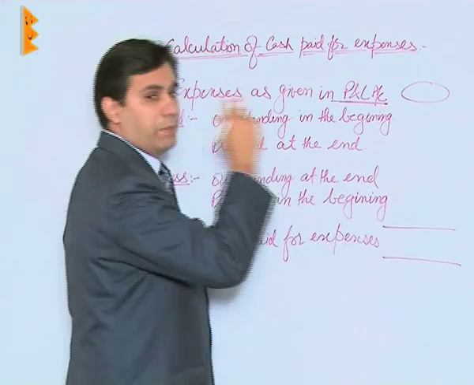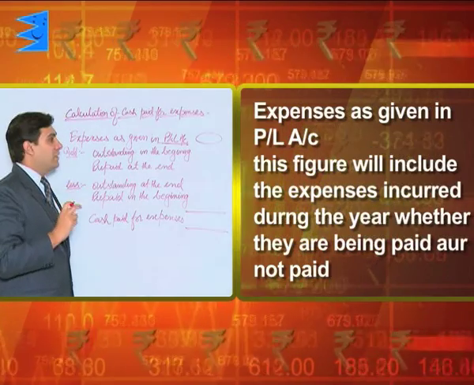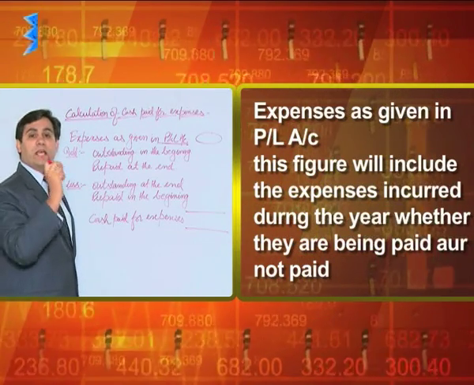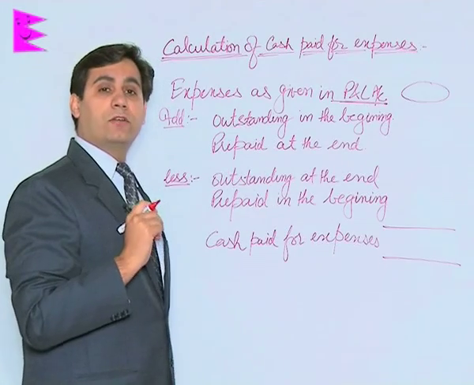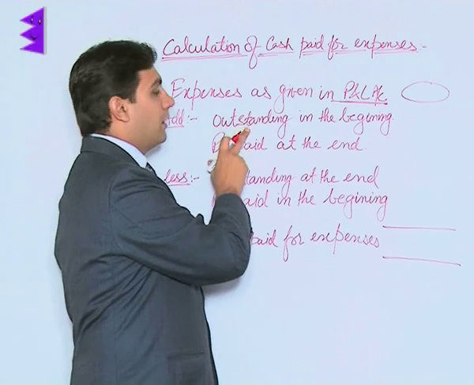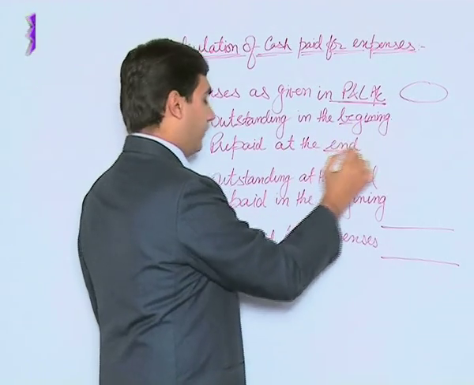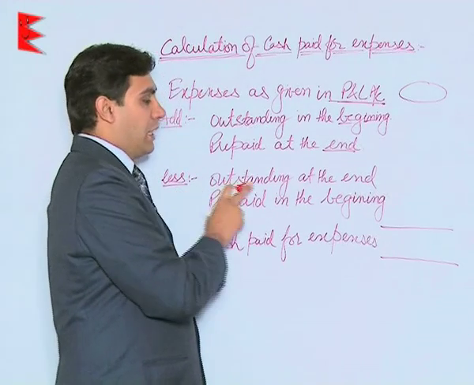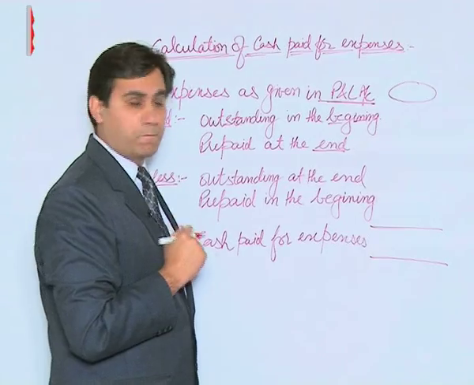Now students, remember this figure will include the expenses incurred during the year, whether they have been paid or not paid. So out of this we are required to calculate the cash component. We will add outstanding in the beginning and prepaid at the end, and deduct outstanding at the end and prepaid expenses in the beginning.